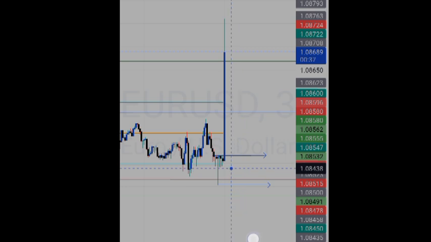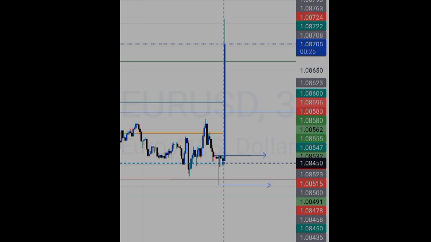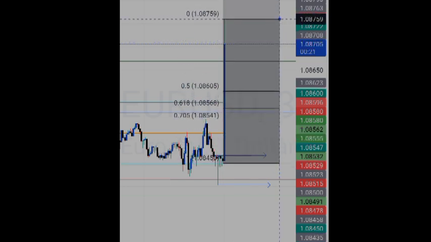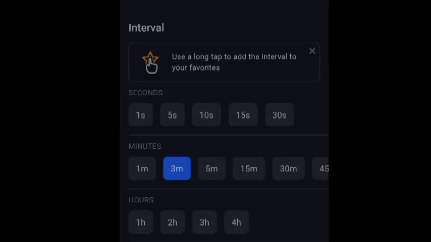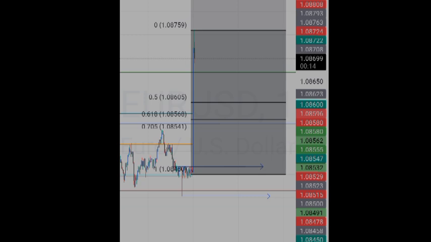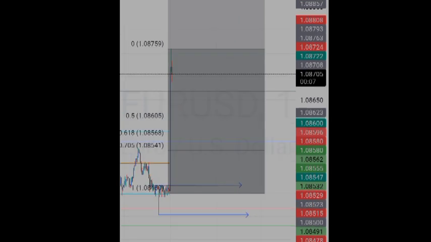How am I even going to do it? This low. Let me just put it here. What a miss. Can you imagine? Where would my stop loss now be? Can't take this kind of trade.